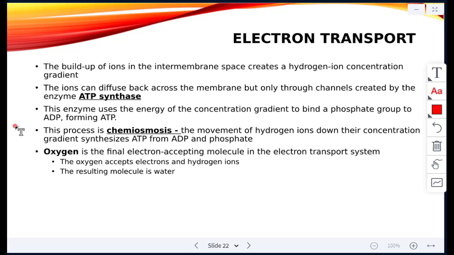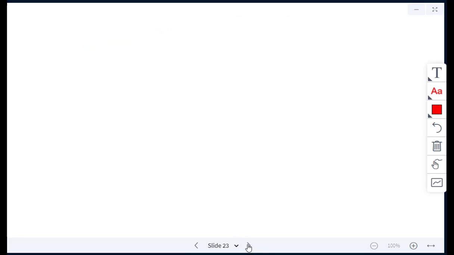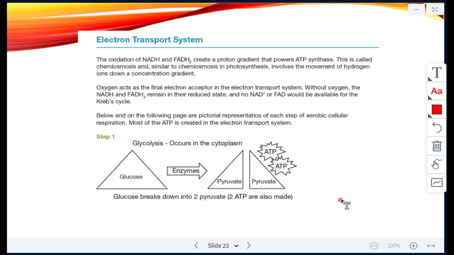It's the movement of hydrogen ions down their concentration gradient and synthesizing ATP from the ADP and phosphate. The final electron acceptor is oxygen in the electron transport system. The oxygen will accept the electrons and the hydrogen ions, and then the resulting molecule is water. All right, so just a quick summary of what's happening.